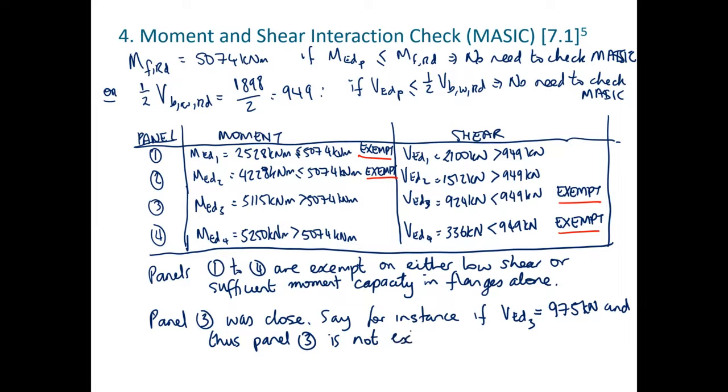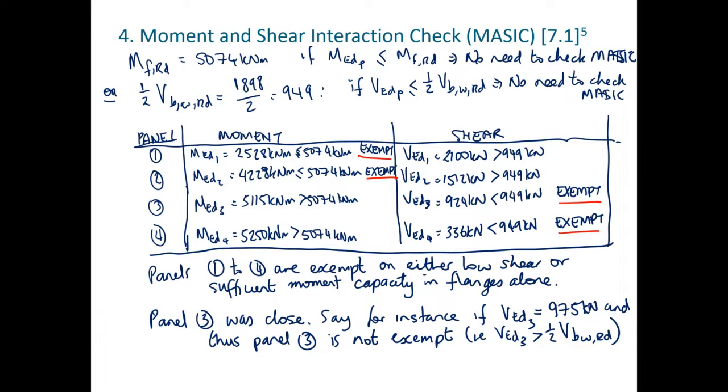It wouldn't be exempt because the moment demand is higher than the capacity of the flange, and it's not deemed to have low shear because the shear demand is higher, i.e. VED3 is greater than half of VBWRD. Okay, so it's greater than half of the shear buckling capacity of the web.